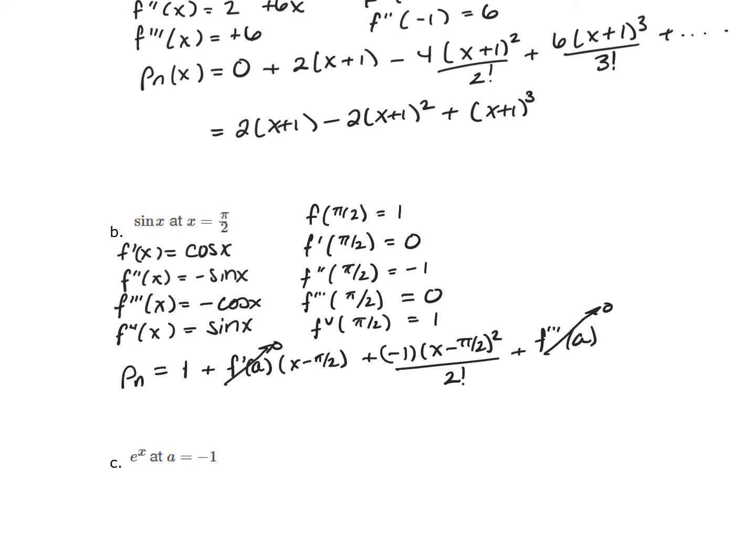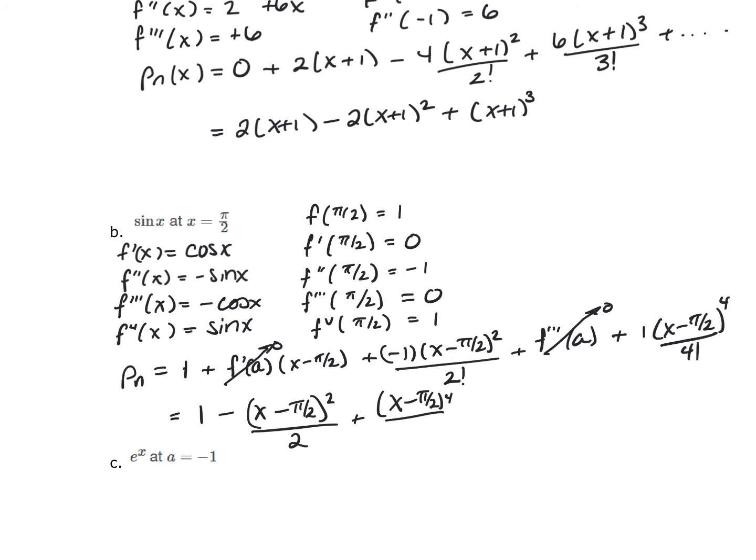And what will happen is every other derivative will go to 0. Then this one is going to go back to positive 1, x minus pi over 2 raised to the 4th power over 4 factorial. So what I have is 1 minus x minus pi over 2 squared divided by 2 factorial, plus x minus pi over 2 raised to the 4th over 4 factorial.